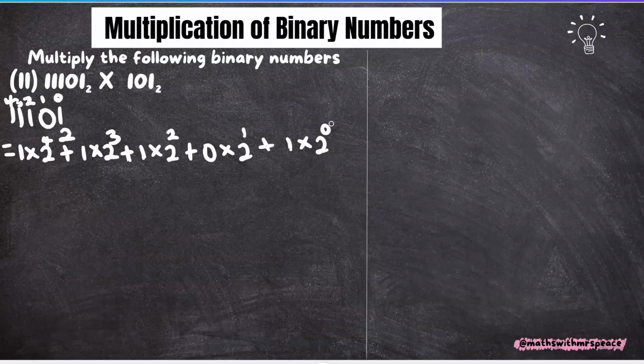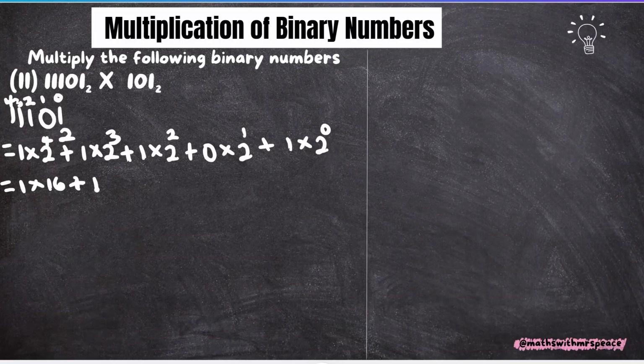Next thing we are going to solve for the powers. We have 1 times 2 raised to the power of 4 will give us 16. That's 2 times 2 times 2 times 2, which will give us 16.